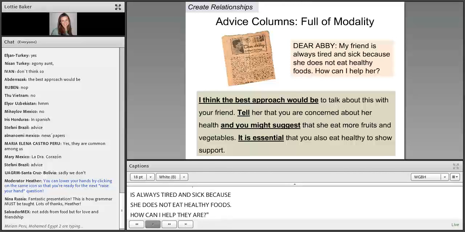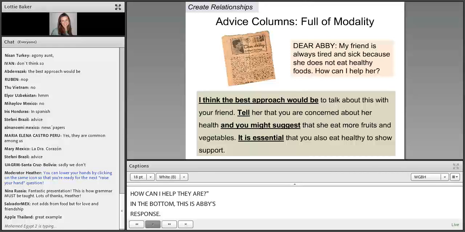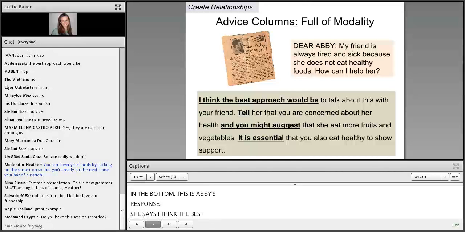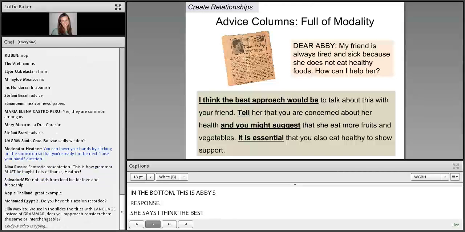And then in the bottom, this is Abby's response. She says, I think the best approach would be to talk about this with your friend. Tell her that you are concerned about her health, and you might suggest that she eat more fruits and vegetables.